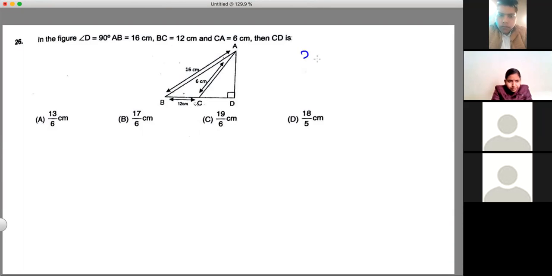See, we have two right triangles, right? You can write it like this also. So we can use two variables and solve. Let's say horizontal is x and this is y.